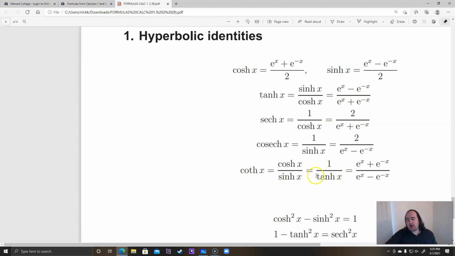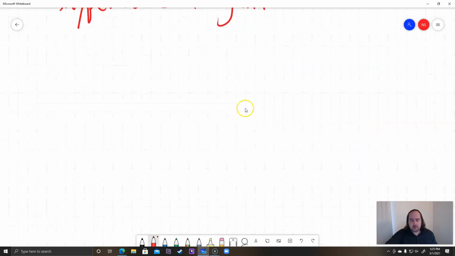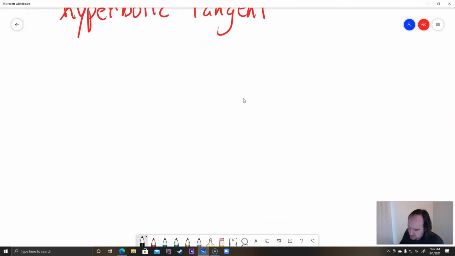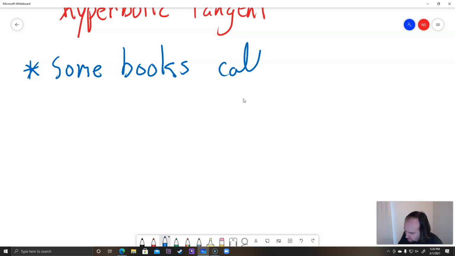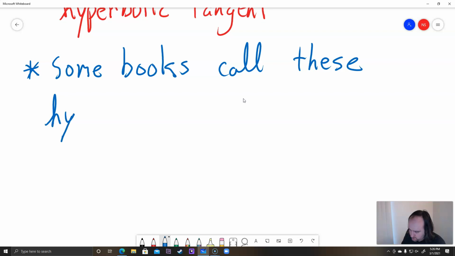So hopefully it makes sense why they call them hyperbolic trig functions. Some books actually call them hyperbolic trigonometric functions. I don't think our book does, but I'm going to write that down. Some books call these functions hyperbolic trig functions, so hyperbolic trigonometric functions.